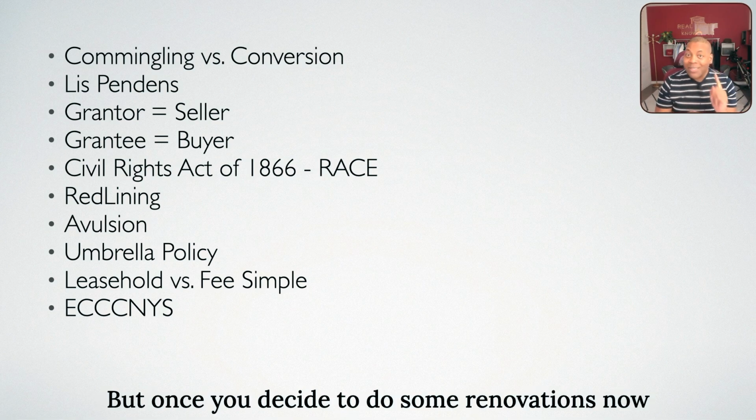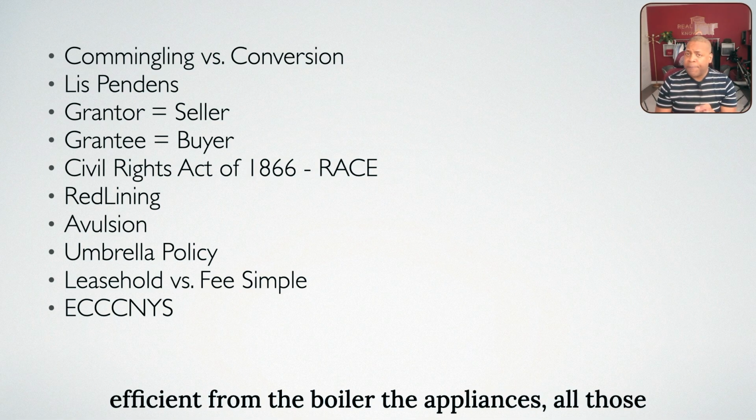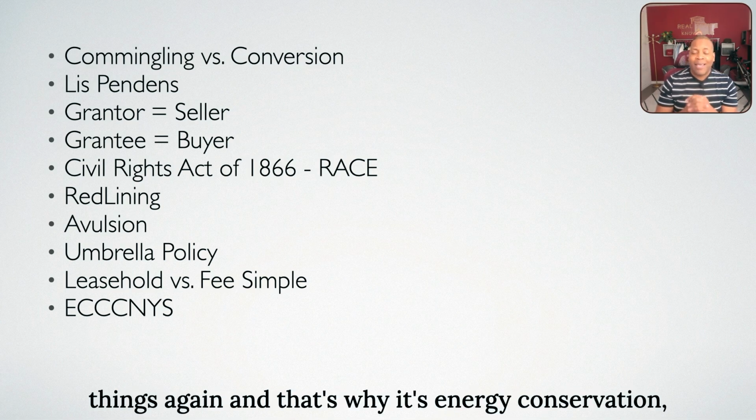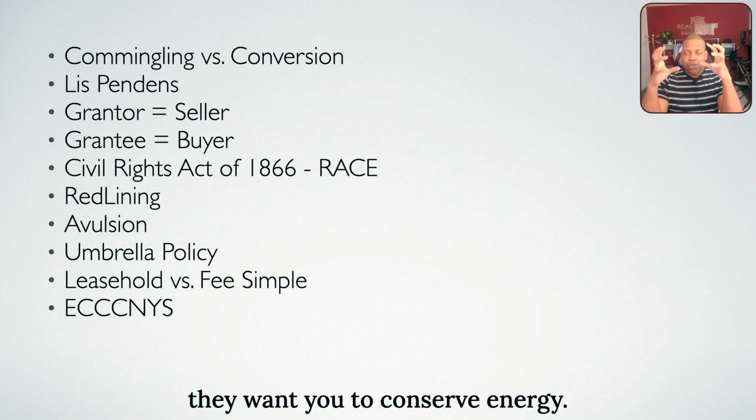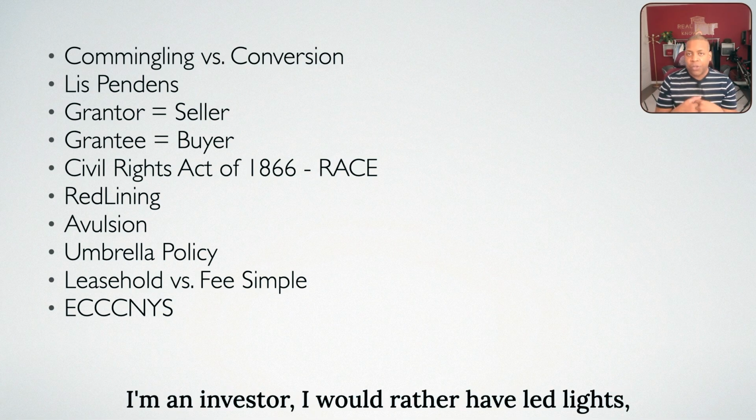But once you decide to do some renovations, now they're going to make sure everything is energy efficient, from the boiler, the appliances, all those things again. And that's why it's energy conservation, right? They want you to conserve energy. And it's only a benefit for us, right? Because if I'm an investor, I would rather have LED lights, right?